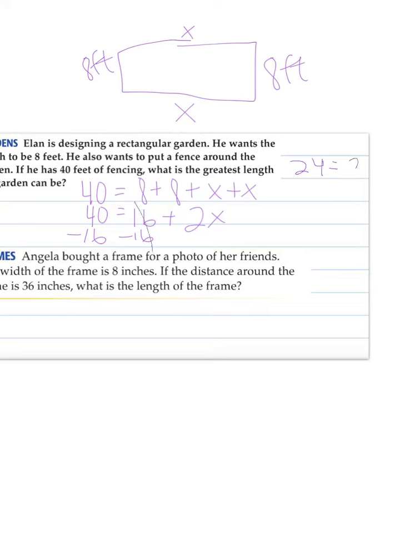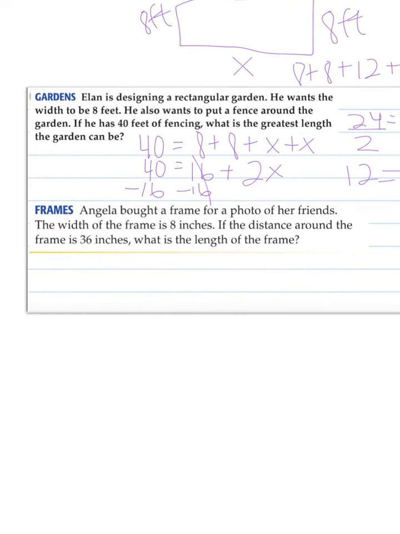The 16s cancel, and we are left with 2x. Divide each side by 2 to get x by itself. x equals 12. So the greatest the length can be is 12 feet. We can go back and check by plugging that back in: 8 plus 8 plus 12 plus 12, and that does equal 40.